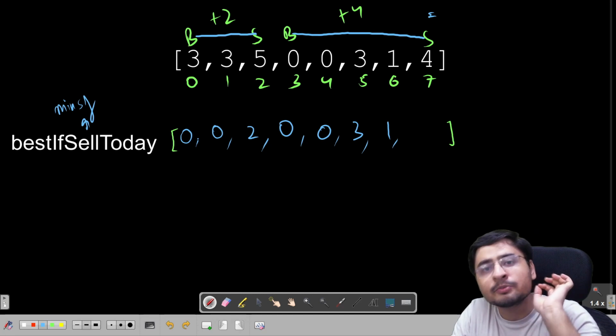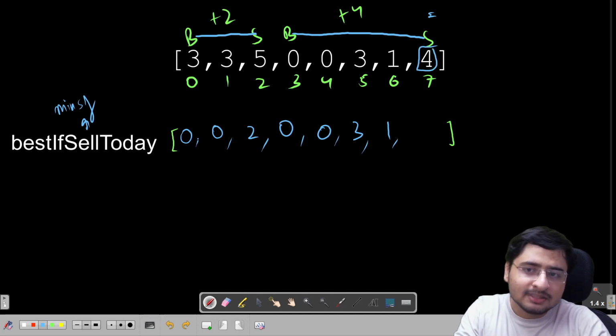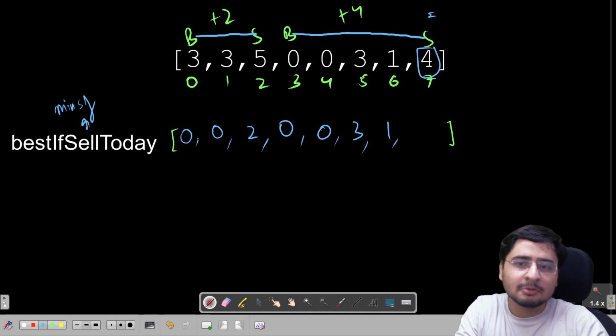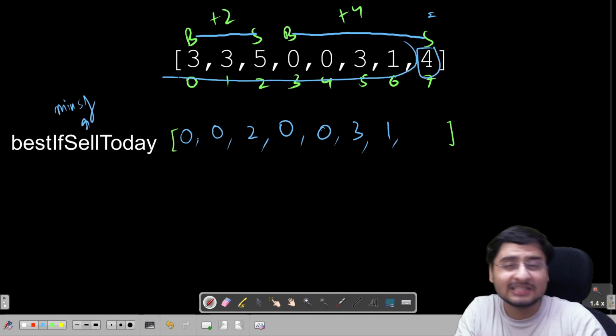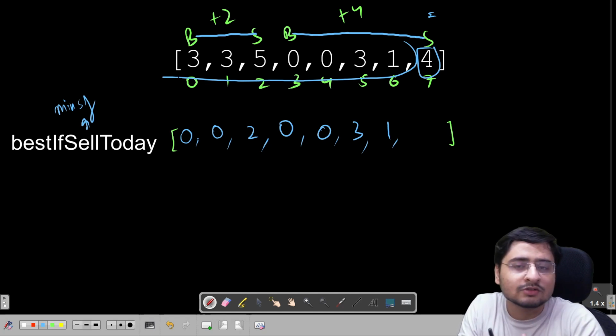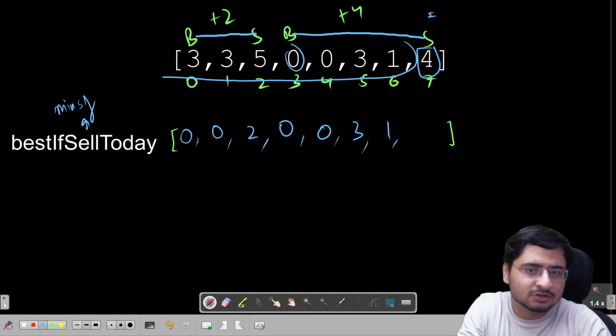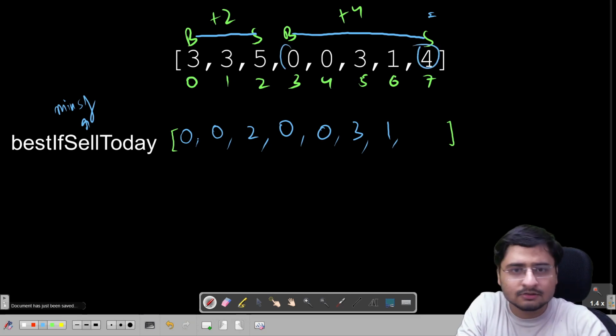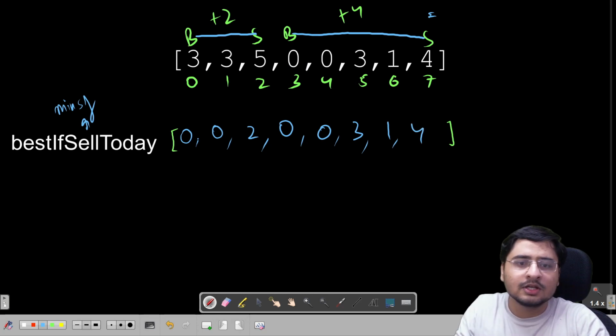If I want to sell today, I want to make profit. If I'm forced to sell today, what's the minimum I'm able to find before this? What is the best buy day? By best buy day, we mean the minimum price. What was the minimum price before today? So 0 was the minimum price. So you're selling at 4, you bought at 0, so the total profit is 4.